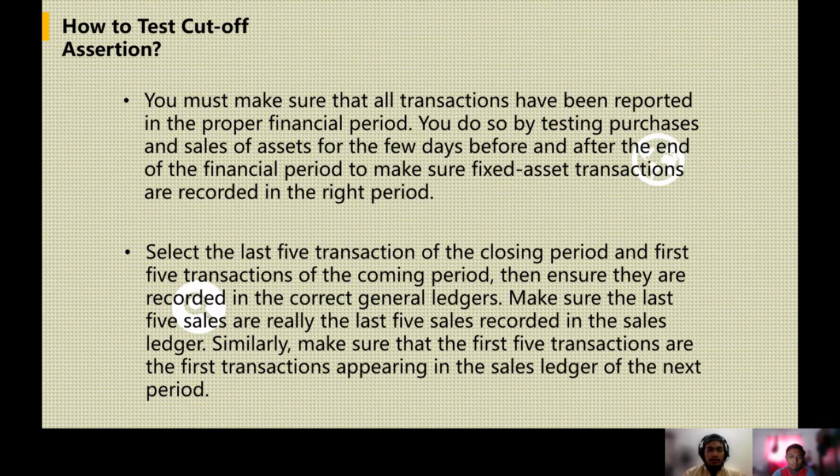So these words describe how to record the fixed asset transactions that happen in a specific period, which means that the purchase and sale of assets that happen in the year of assessment 2019, for example, have been recorded in this year only.